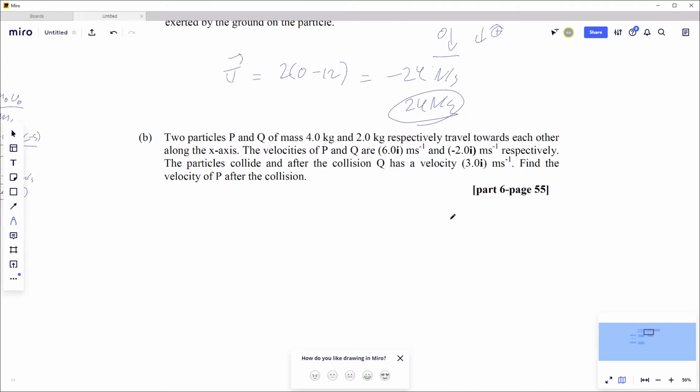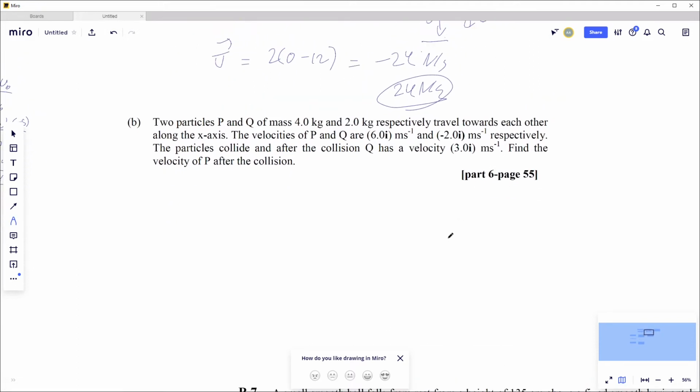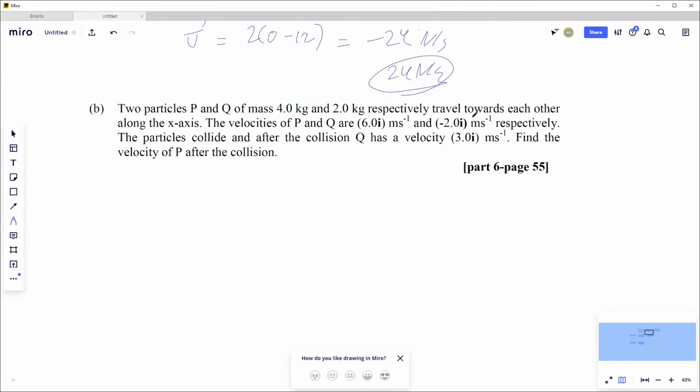So part B, 2 particles P and Q of mass 4 and 2 respectively travel towards each other. We have P and Q velocities. After collision Q has a given velocity, so find the velocity. We're given masses, and velocities before and after except for P after, just one variable.